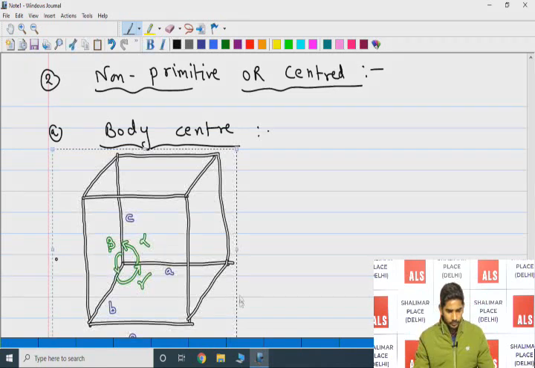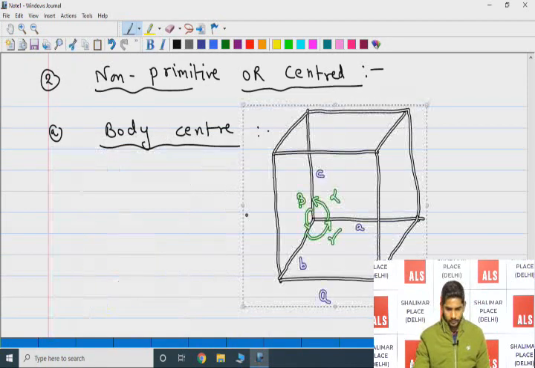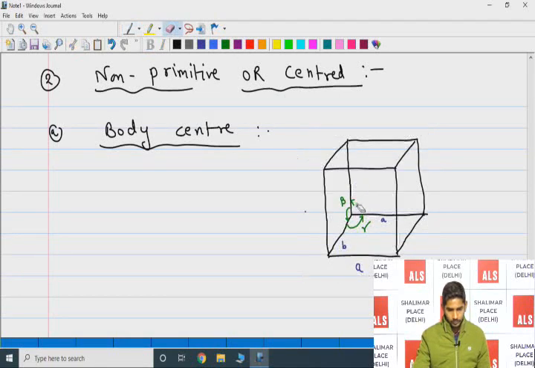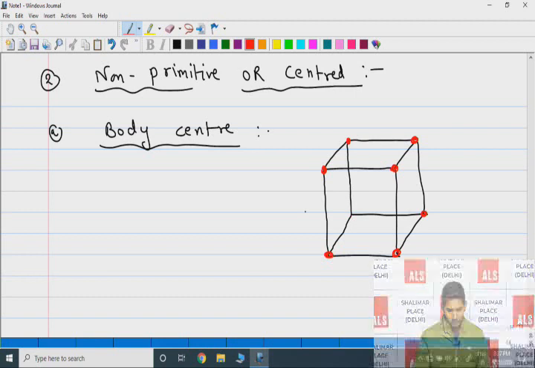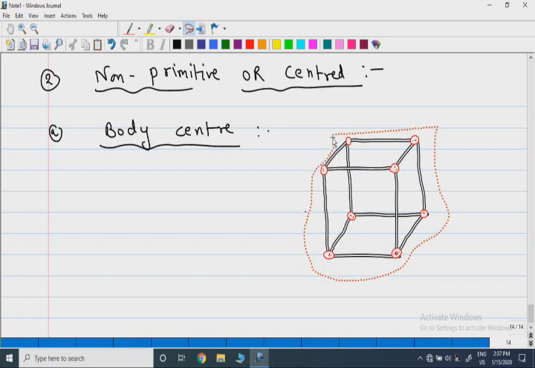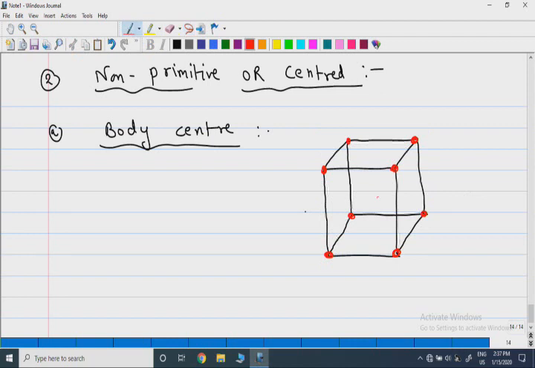Look at this. Here the atoms are present at the corners, and other than the corners, an atom is present at the center of the unit cell as well.